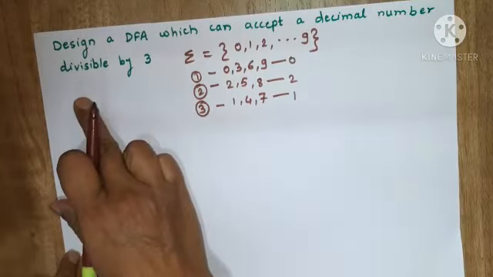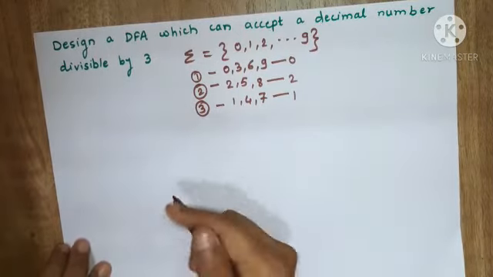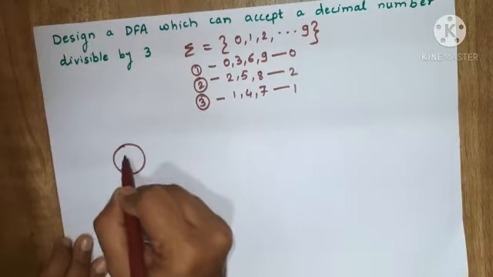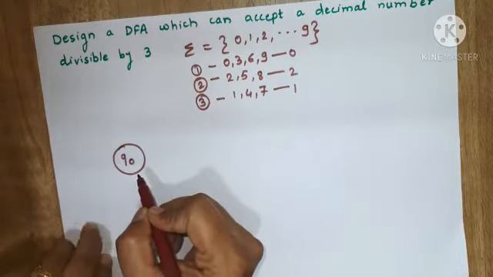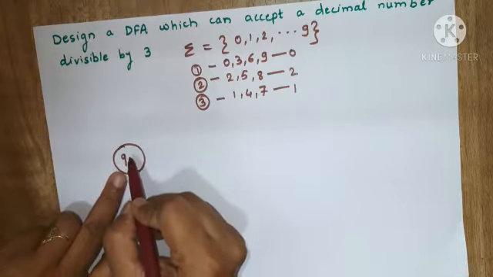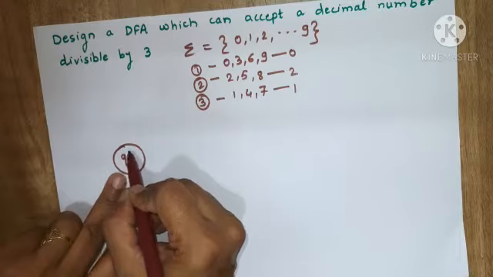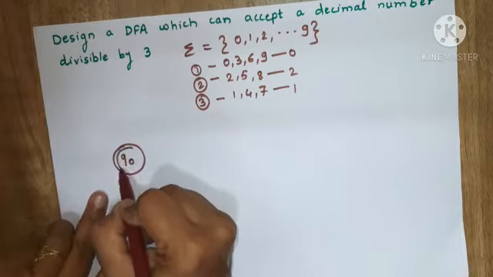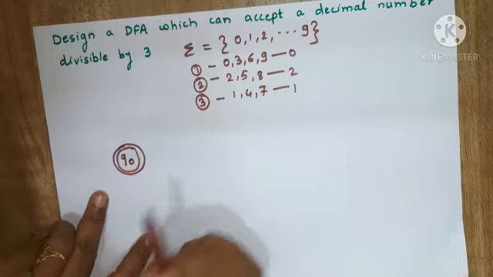So here the problem is divisibility by 3, so we will have 3 states. The Q0 state will represent that the number is divisible by 3, that means the remainder is 0. Because these are the strings which will be acceptable, Q0 will be the final state.